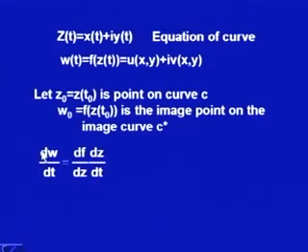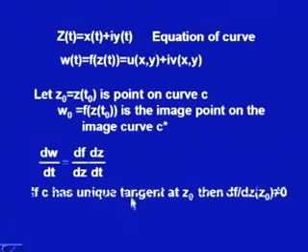Then dw by dt will be written as df by dz into dz by dt, since it is a composite mapping. If C has a unique tangent at z0, that means df by dz at z0 is not 0. If this is 0, then we cannot find a tangent uniquely.